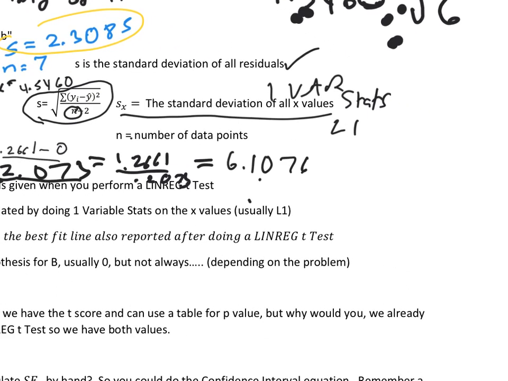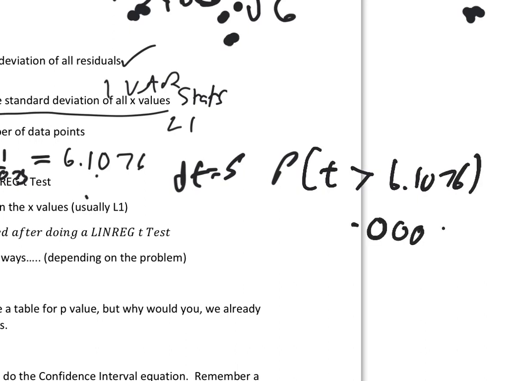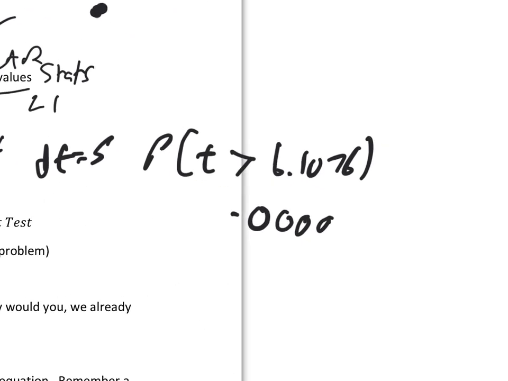So what should it have been? The degrees of freedom was 5. The p-value, the probability that t was greater than 6.1076, was 0.1234 times 10 to the negative what? 4. 1, 2, 3, 4, 8, 5, wasn't it?